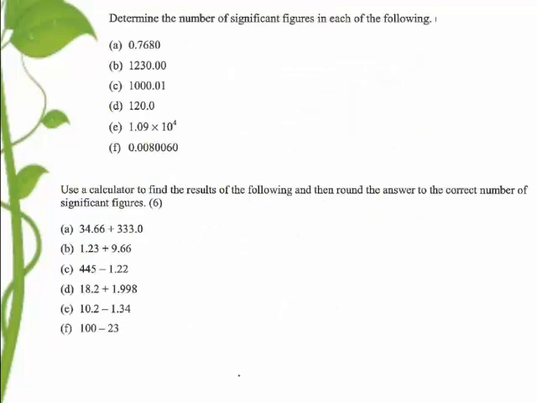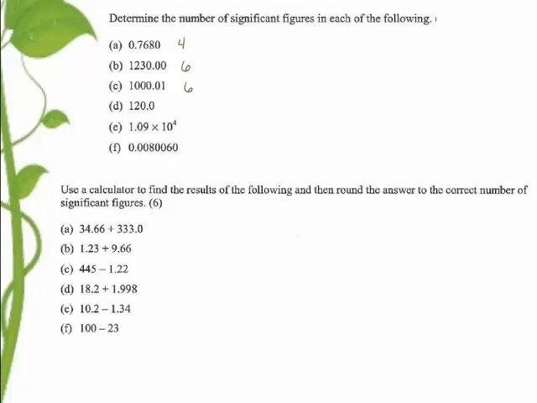So let's look at some examples. How many significant figures do we have? I have 1, 2, 3, and since this is after a decimal, it does count. So I have 4 significant figures. 1, 2, 3, 4, 5, 6.